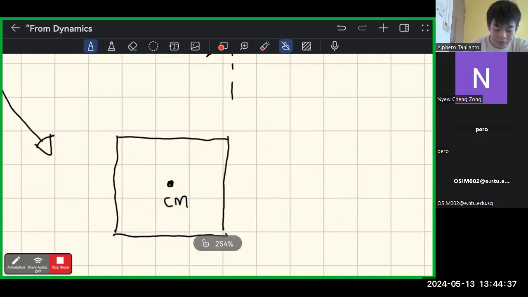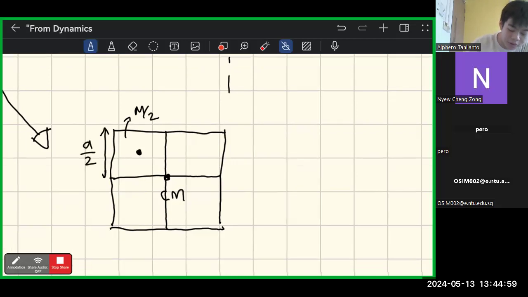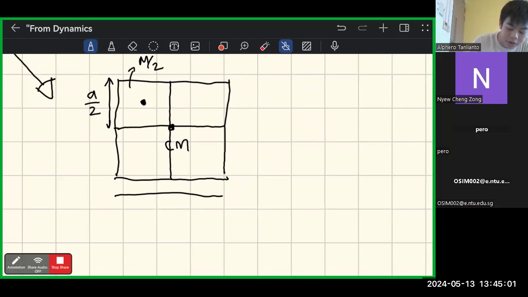We can divide this rectangle into 4 identical rectangles, each with its own center, and they also have the side of a over 2, because this rectangle has the side of a.